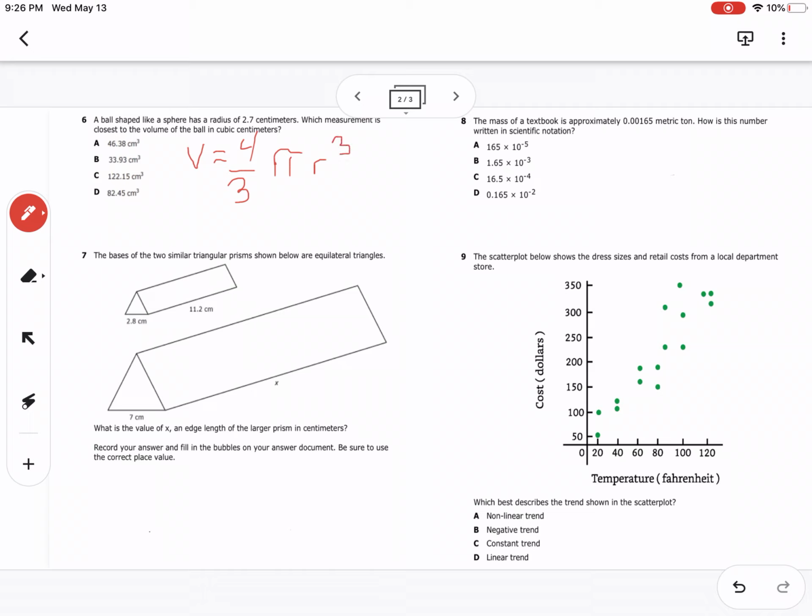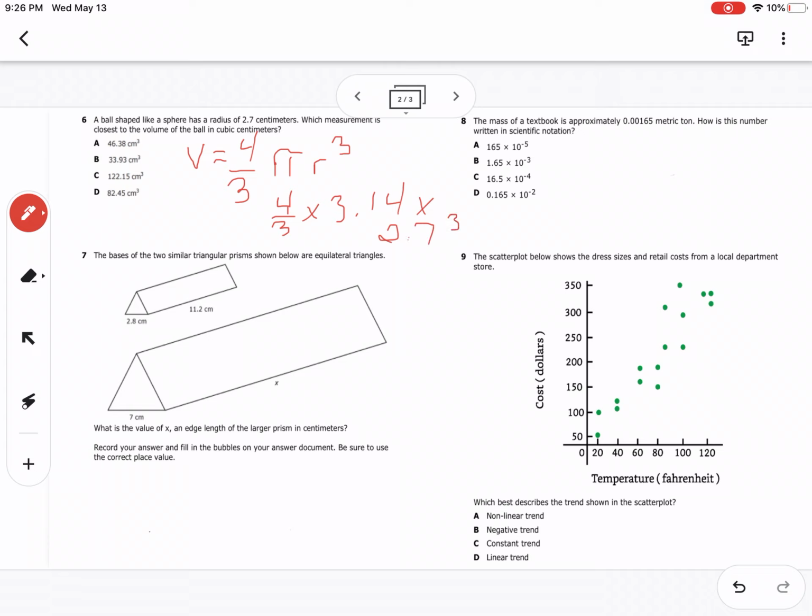So our radius is 2.7 centimeters. We just need to plug that in. So we have 4/3 times pi, or 3.14, times 2.7 cubed.